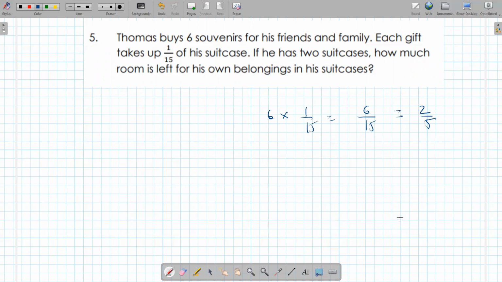Now what? That's not the final answer though. Do you subtract that from 1? How many suitcases does he have? Oh, he has 2. Yeah. So you subtract that from 2.